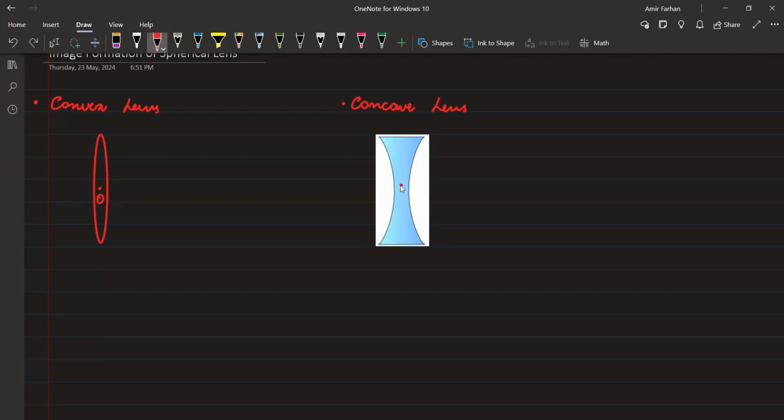Basically, in the lenses, refraction happens, but in the mirror, reflection happens. Yes or no, everyone?